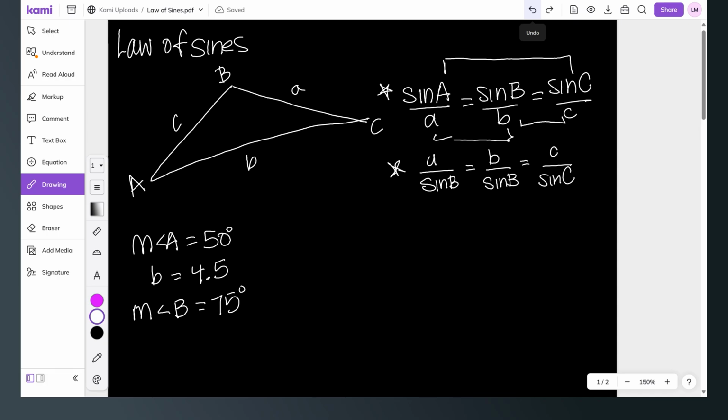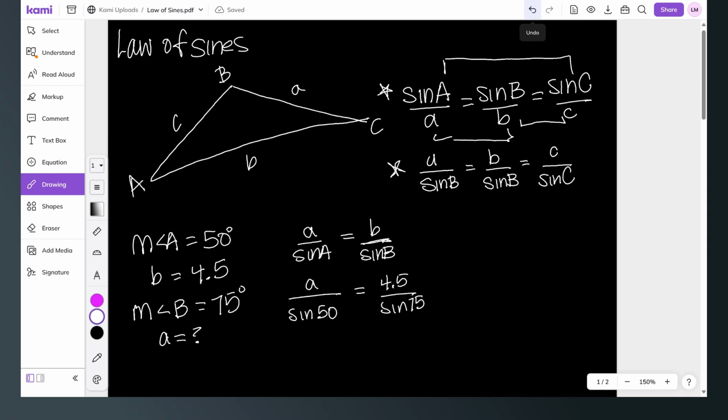I'm going to use A over sine A equals B over sine B, because I'm looking for side A. I don't have A, so I'm going to leave it, but I can find the sine of angle A, so that's sine 50 degrees, equals 4.5 divided by sine 75.